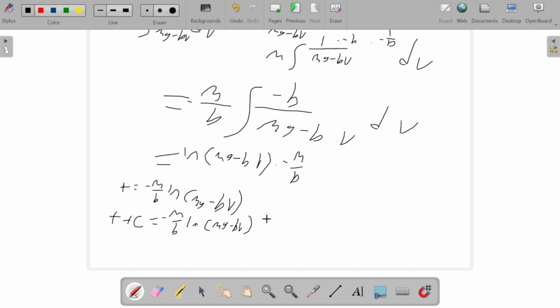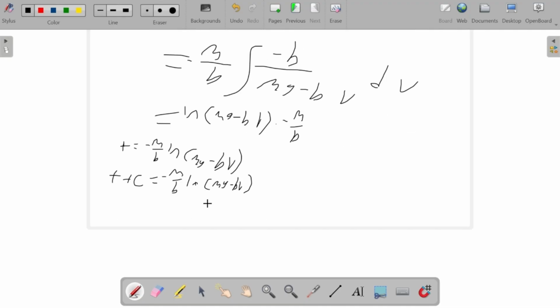And we can pretty easily say that the starting situation, for simplicity, is that it started from rest at time t equals 0. So if you plug in those values, 0 for t, we get c equals minus m over b times the natural log of mg minus 0.